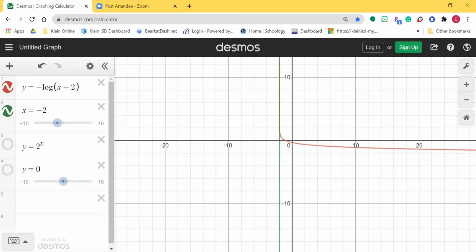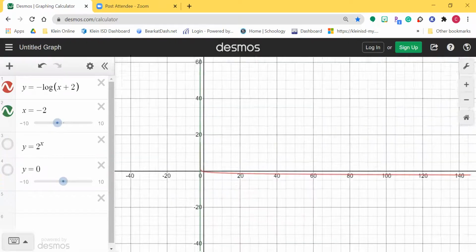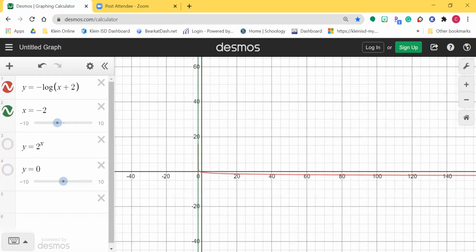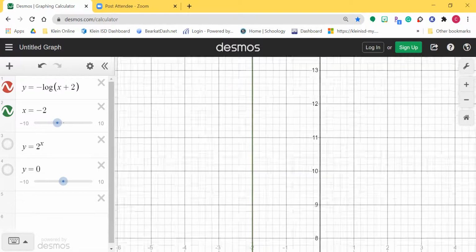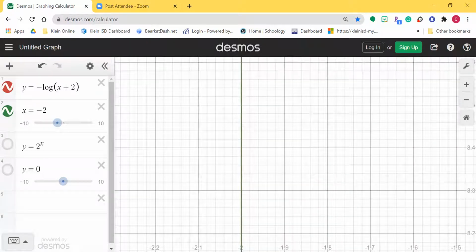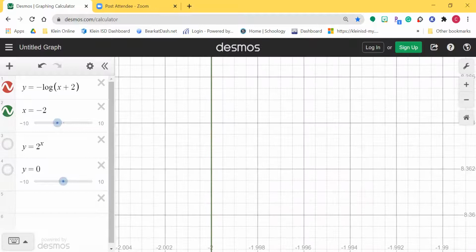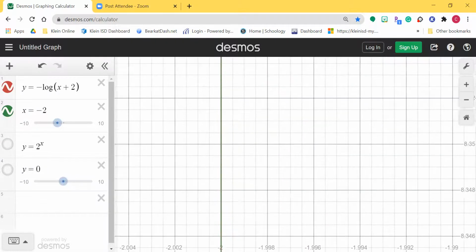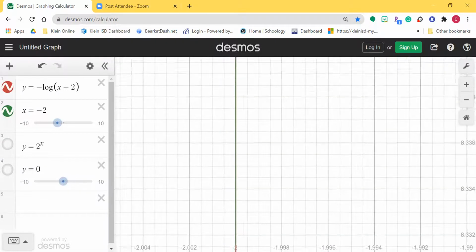Okay, so now I have red and green. Do you see my red line and how it looks like it's going to be exactly where my red asymptote is? But again, if I zoom in, and I zoomed really far out, whoa, it's gonna get there, I promise. Where's my graph?